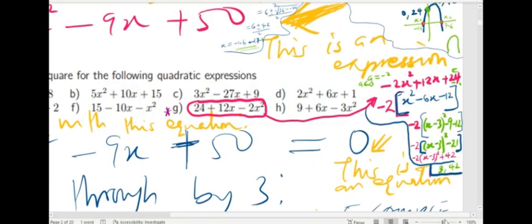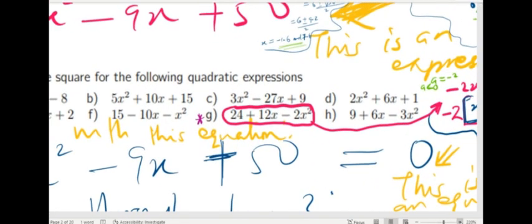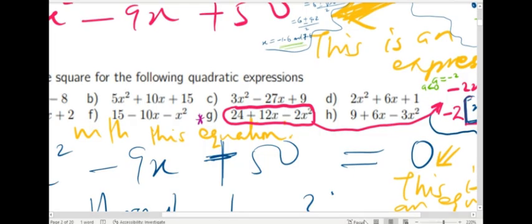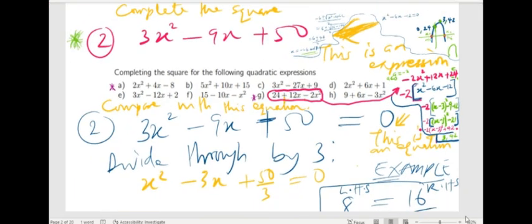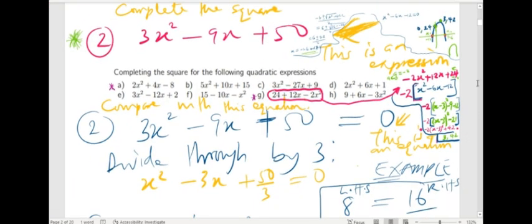That's what we got here when we used the completing the square method. See it here: minus 2, open a bracket, x minus 3 all squared plus 42. That's the same thing. So whichever method, you will get the same answer.